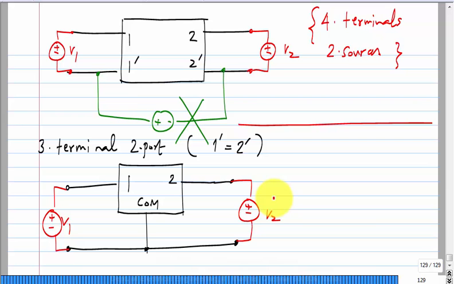So for simplicity now, let us take a 3-terminal 2-port.